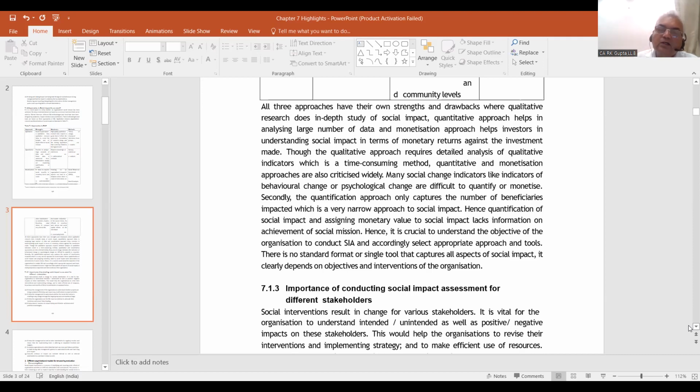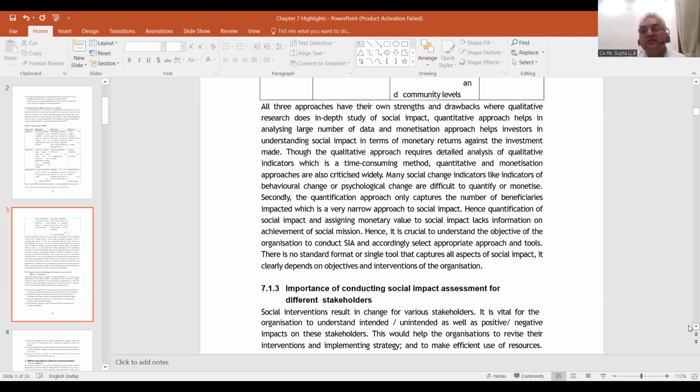The qualitative approach requires a great deal of effort. Quantitative and monetization approaches are relatively easier, but they capture a minuscule part of the entire impact, because the impact is more qualitative in nature than quantitative.